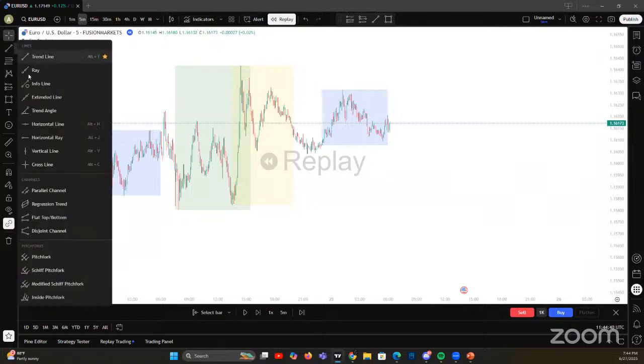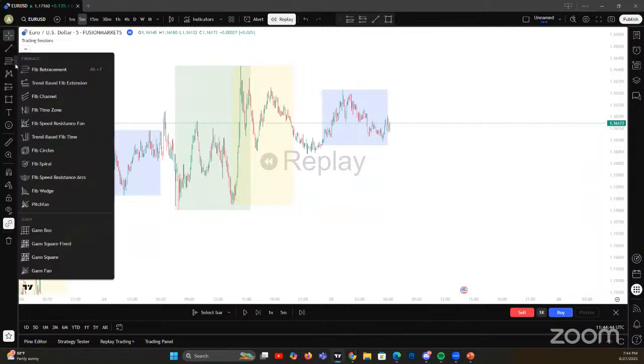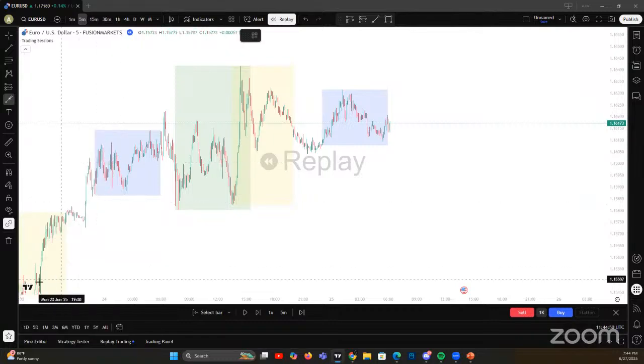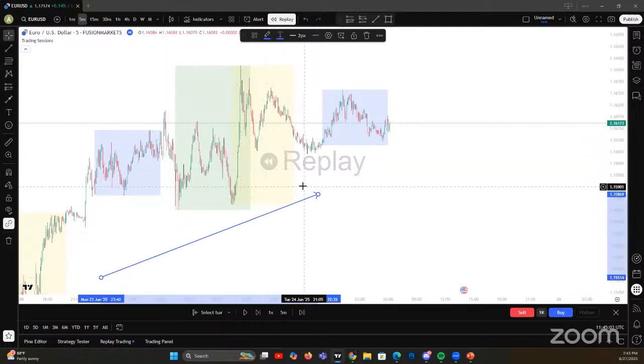It's clearly making higher highs. Higher lows, higher highs, higher lows, higher highs, higher lows, higher high, and it's just going in this direction. So we are clearly here in an uptrend.